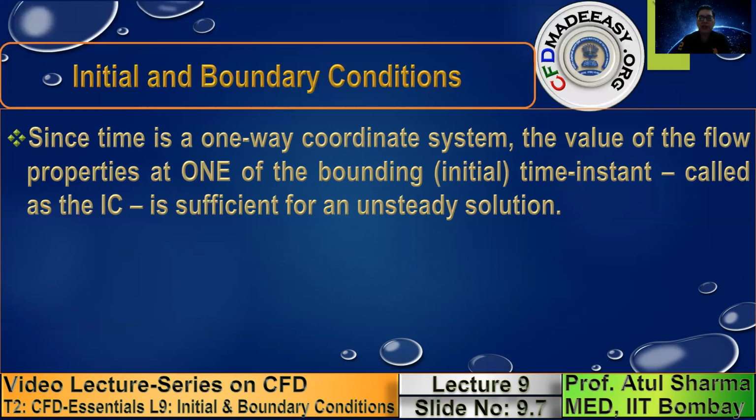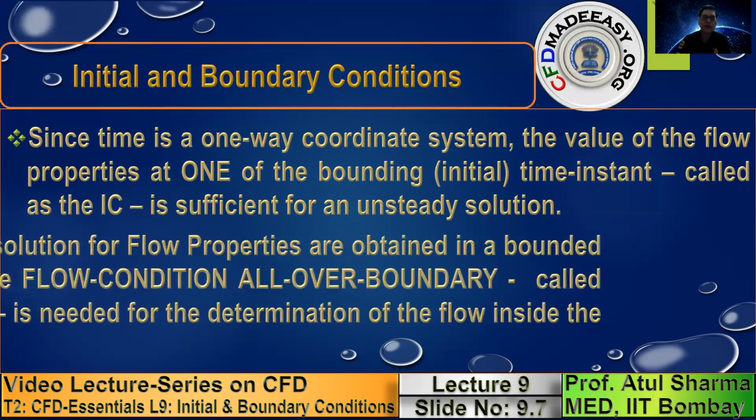This picture by picture creates the fluid dynamics in our CFD simulations. So note that in time, we need only one of the bounding time instants, the initial time instant. The flow property at the initial time instant is needed, not at the final time instant, which comes out from the solution. So we say that we are marching the solution in the time coordinate from the initial time instant to later time instants.